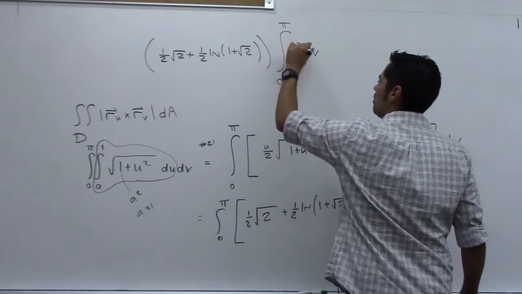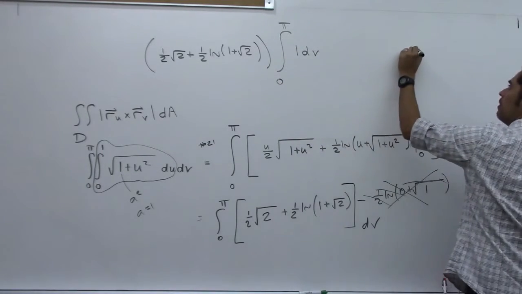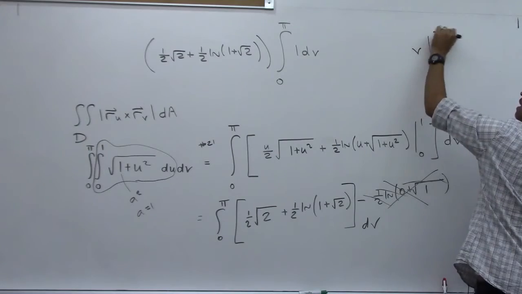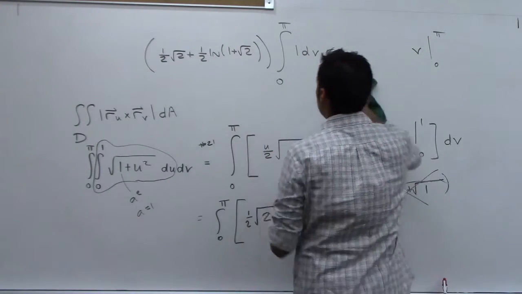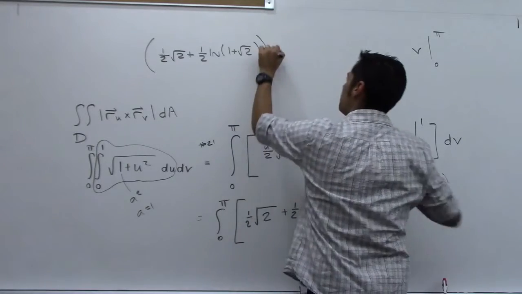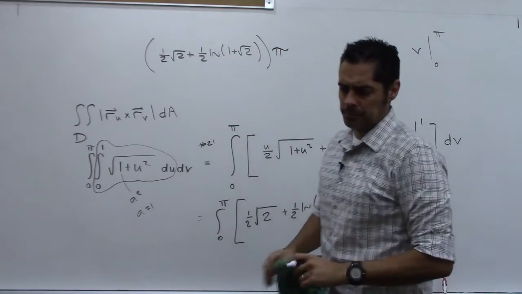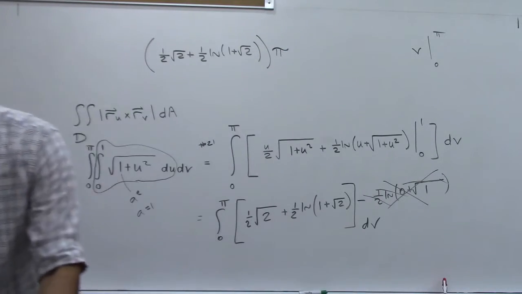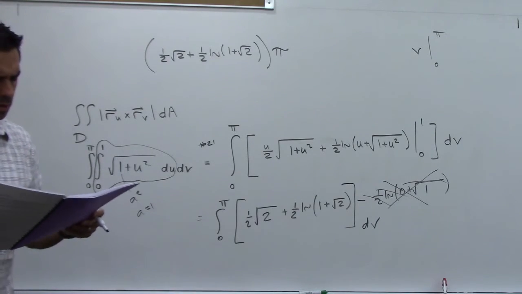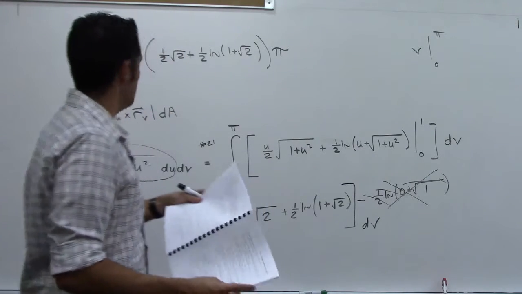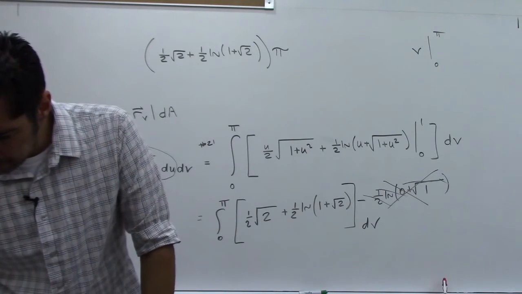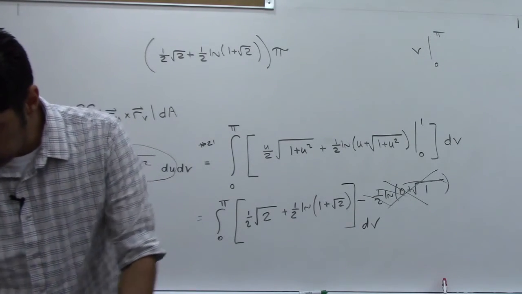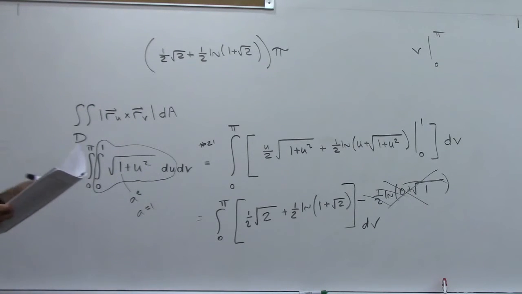And when we do this integral, which I'll just do real quick over here, it's v evaluated 0 to pi. All we get is pi. So the answer is going to be this times pi. So I'll just throw it right here, this times pi. And this was number 40. Crap, I forgot which one this was. 42? Yeah, 42.